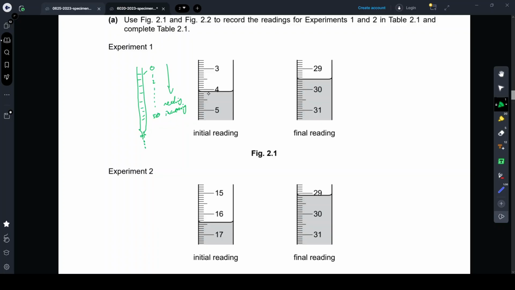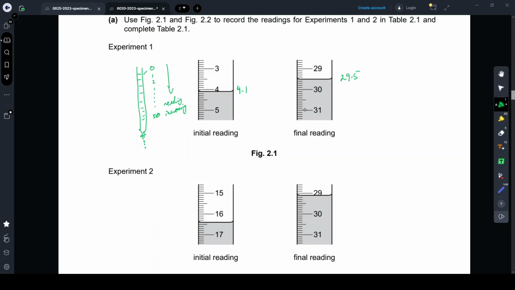What's the reading over here, Sobia? The initial reading in figure 2.1? It's reaching like 4.1. So it started off at 4.1 and then it went to 29.5, right?